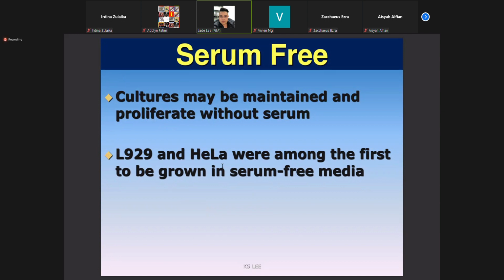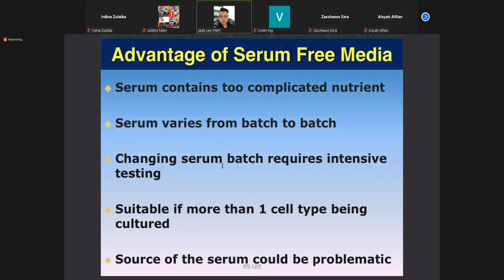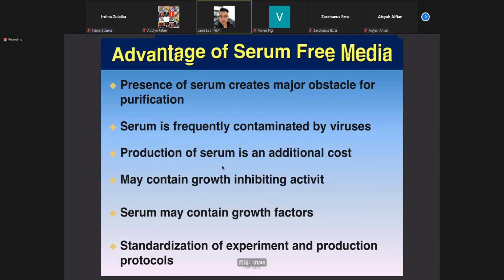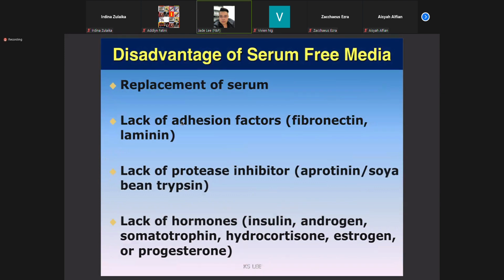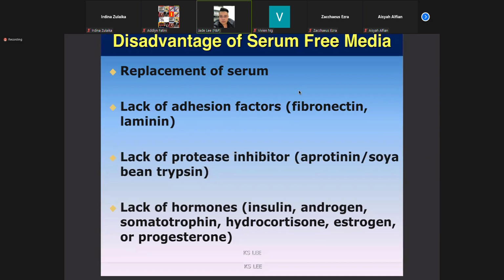Okay, L929 and HeLa are cell lines which do not need serum in their media. And these are the advantages of serum-free media. You can just read on the common sense, and you also have the disadvantages of serum-free media. All right, so these are also common sense. So you can just read and you will be able to understand.